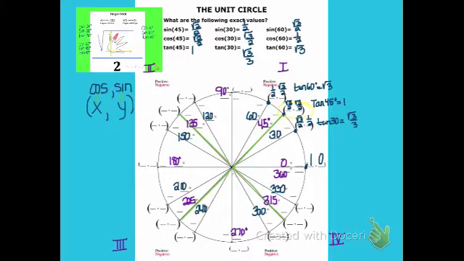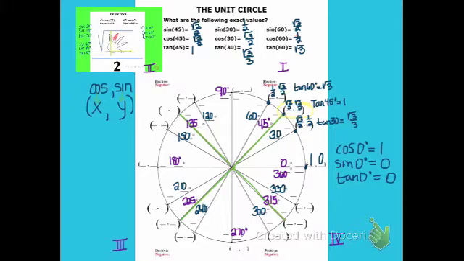And what that really means is that the cosine of 0 degrees is 1, and the sine of 0 degrees is 0. And so if we know that the tangent is the sine over the cosine, well, the sine is 0, the cosine is 1, 0 divided by 1 is 0. So the tangent of 0 degrees is 0.